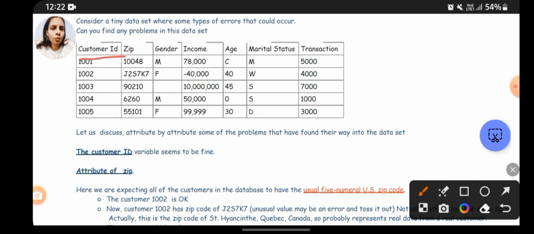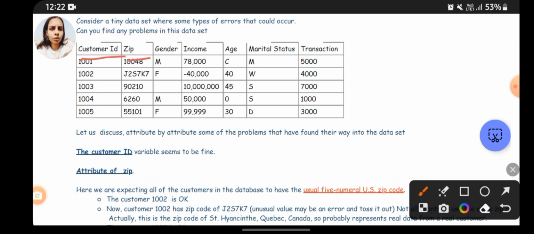Now let's move to our next attribute, that is the zip attribute. Here we are expecting all the customers in the database to have the usual 5-digit numerical US zip code. Customer 1002 is okay.